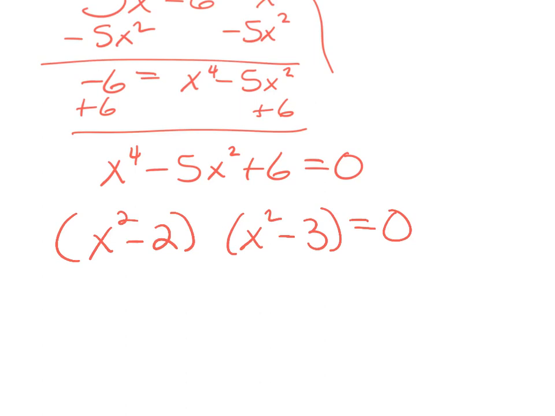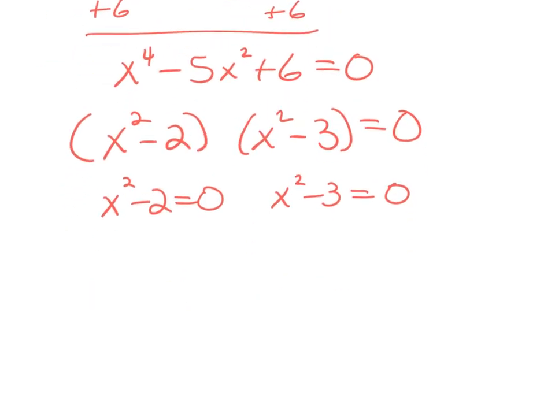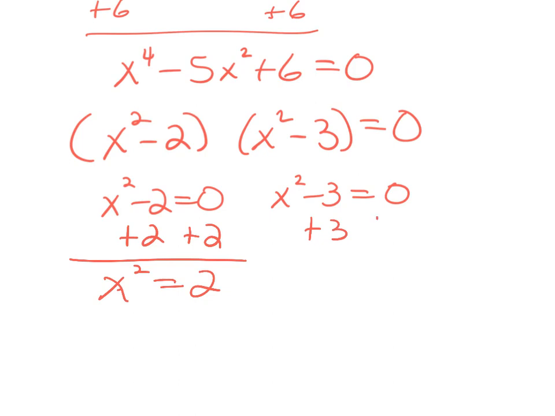I now set each of the factors equal to 0, and I solve for x. Add 2. X squared equals 2. Add the 3.